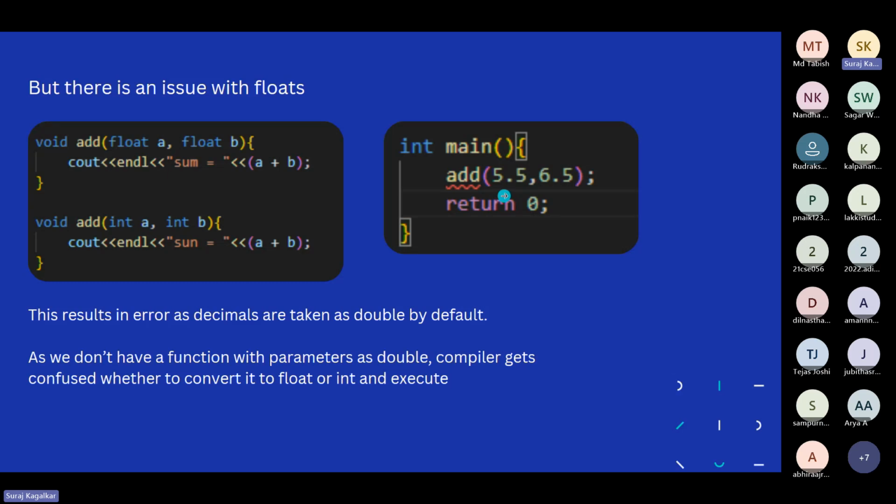As we don't have a function which accepts double as a parameter, it looks for a way to typecast it. And the compiler does not know how to typecast it. Do we typecast it to float or do we typecast it to integer, make it 5 and 6? So it gets confused between these two functions on how to execute them.